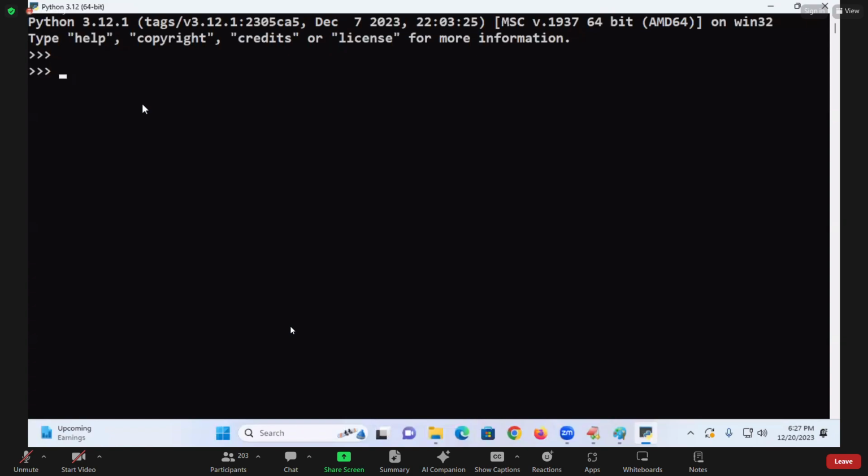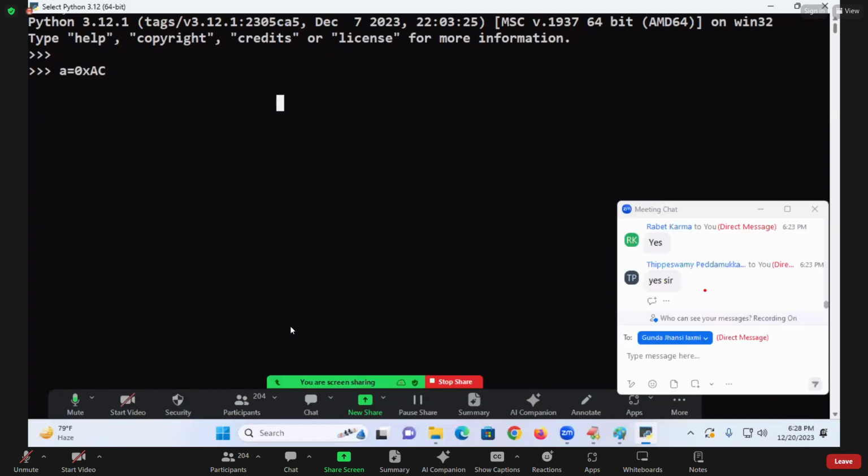Now I'll take a is equal to 0xAC. What is this 0xAC called? Hexadecimal format. I want to give some small clarification here.